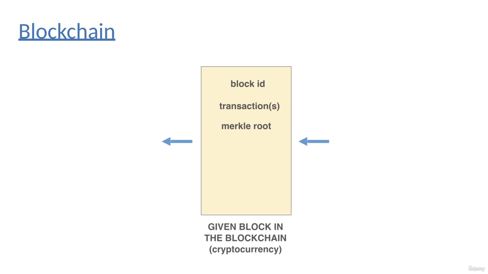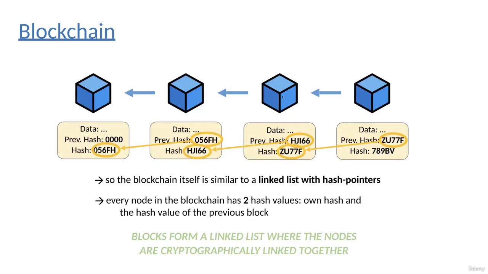We are going to talk about it, don't worry. We have to store the actual hash value and of course the previous hash value. This is what we have been talking about, that we identify every single block in the blockchain with a 256-bit long hash value, and of course we have to store the hash value of the previous block. This is how we can create a linked list with hash pointers.